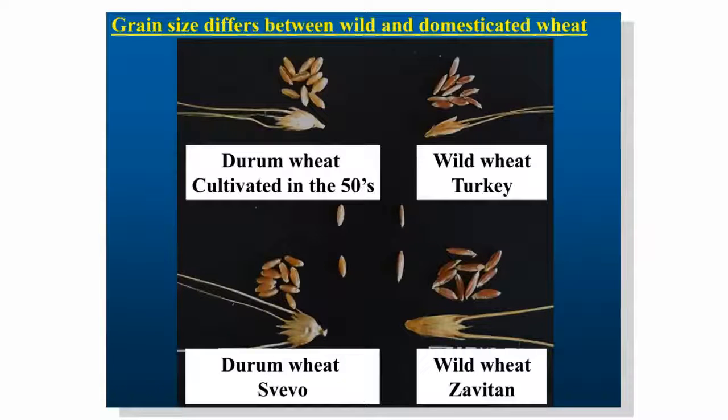Over the last 50 years, not much has happened in grain dimensions in domesticated wheat. But if you look at the phenotypic variation that exists between wild emmer wheat accessions, you can see the accession from Turkey, the origin of domestication, with small grains, and the grains from the Zavitan accession, the main population that we developed. And you can see the phenotypic variation.